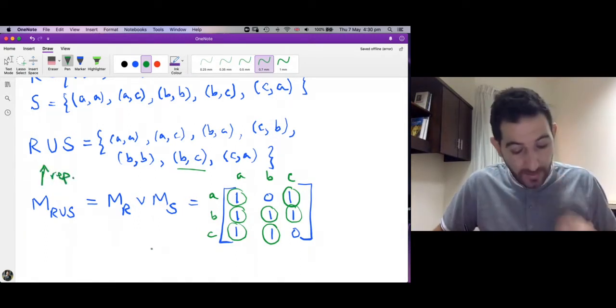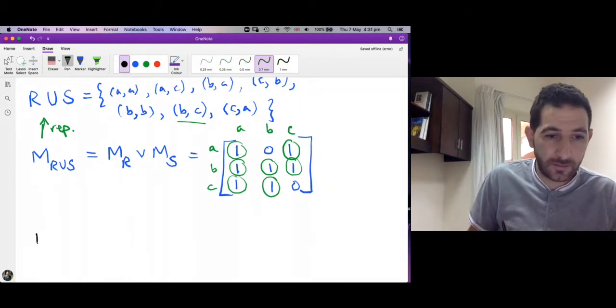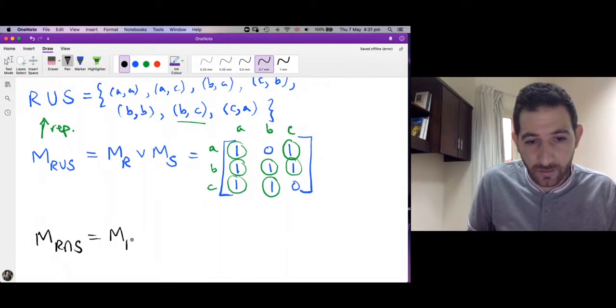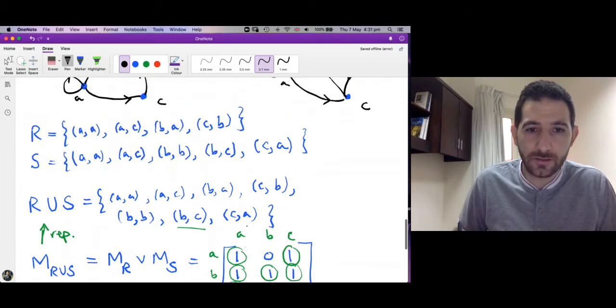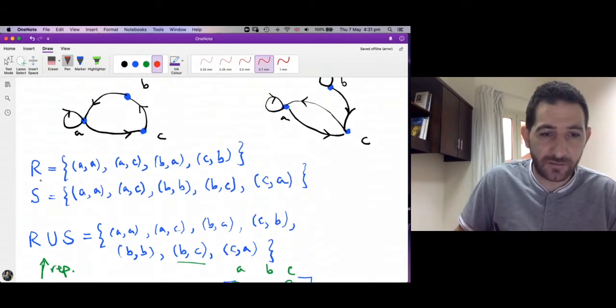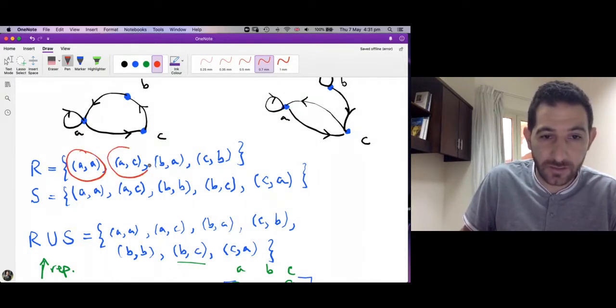Okay? And similarly, you can compute what's the matrix of R intersection S, which will be the join of, the meet. Okay, let's do it quickly. So what do you expect? Now we are looking for the intersection of R intersection S. So this belongs to the intersection. Here it is, A and C as well.